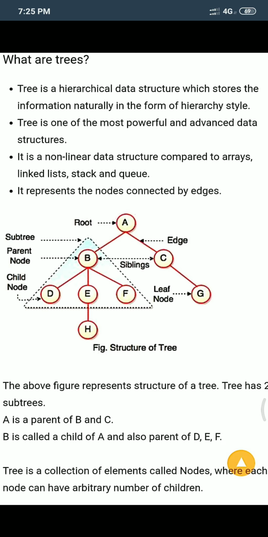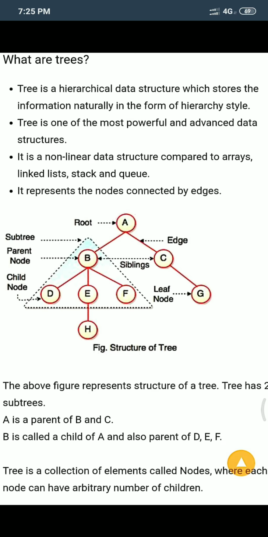T1, T2, T3 till Tn are called subtrees of the root. In order to understand this technical definition of the tree, you could see an example in the slide.